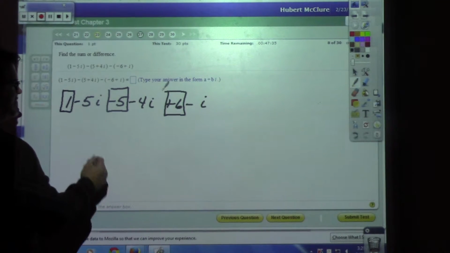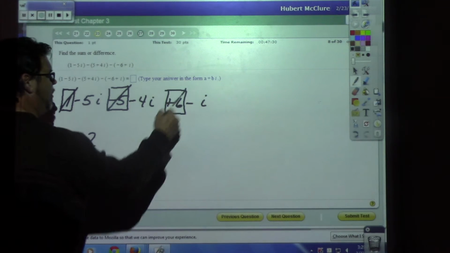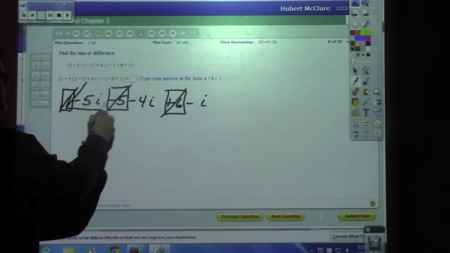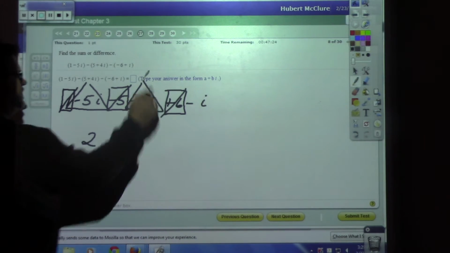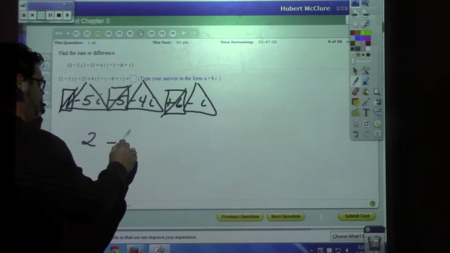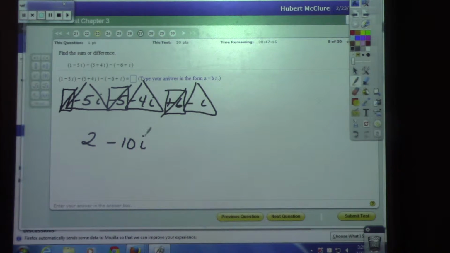Negative 4 plus 6 is 2. Negative 5i minus 4i is negative 9i, negative 9i minus i. That's your answer.